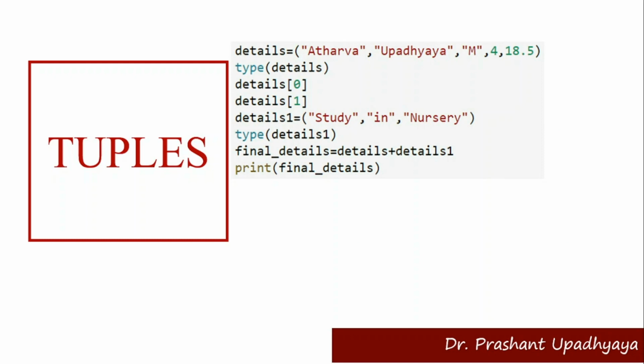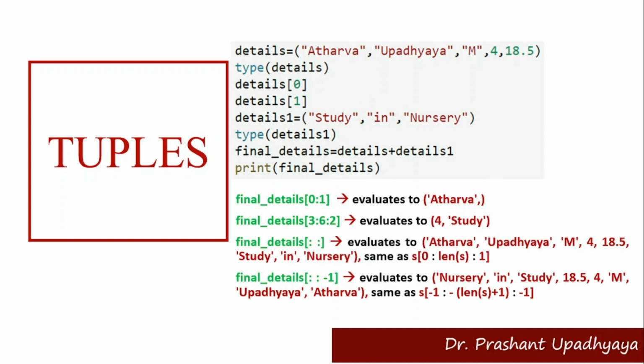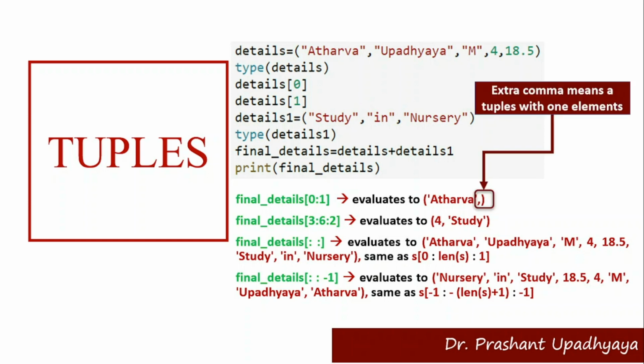Coming back to this example, we will see what different operations we can perform on a tuple. We will see this example with the help of Google Colab. If we create the details which we created in the list, and change the square brackets to parentheses, will my class change?